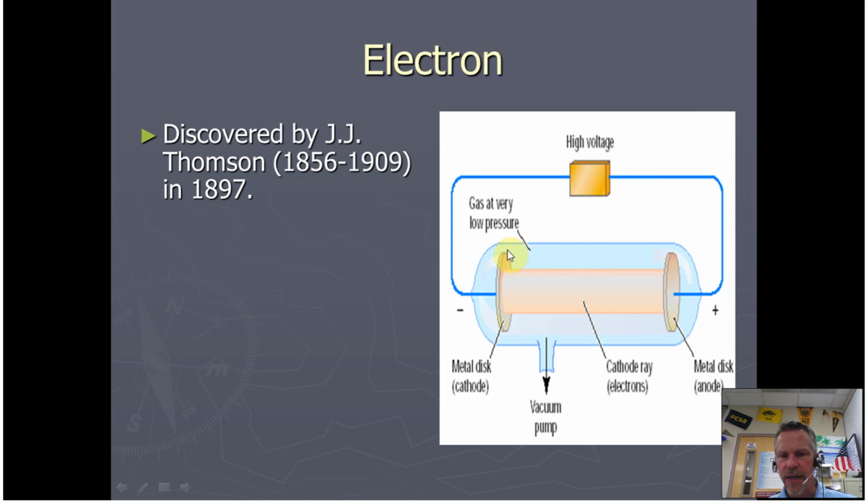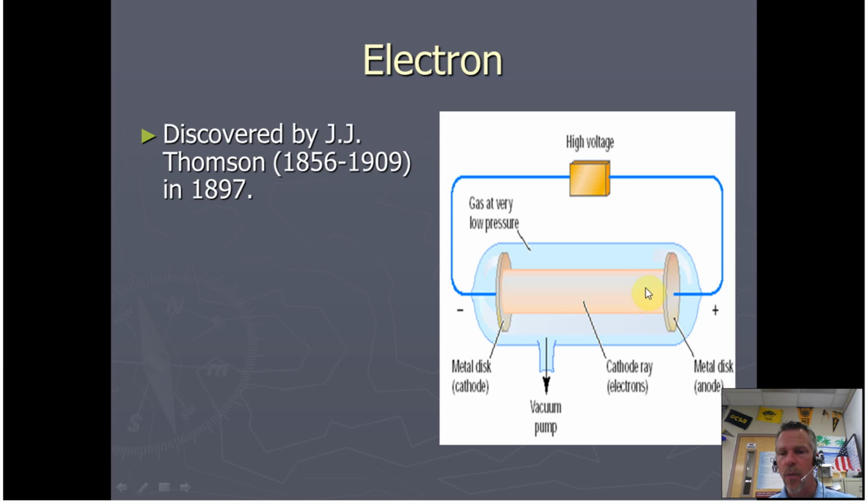Inside the glass tube there's one metal disc here and one metal disc here, connected to these wires, and there's nothing between them, even though in this picture it looks like there is something between them. In fact, there's empty space everywhere else inside this cylinder except for the plates and the wires.